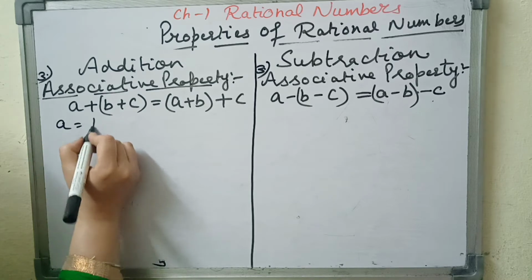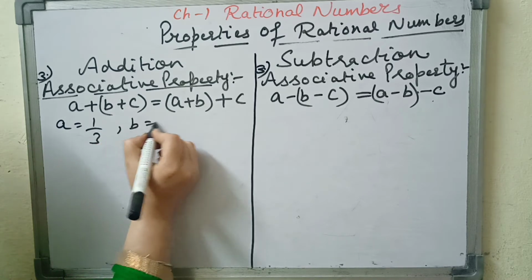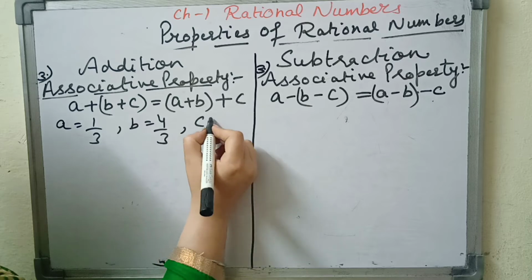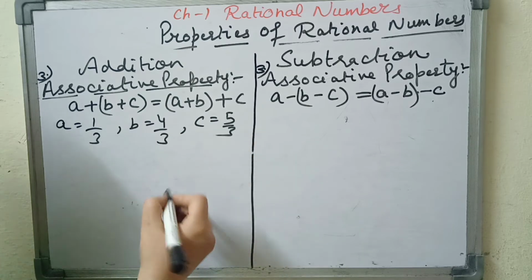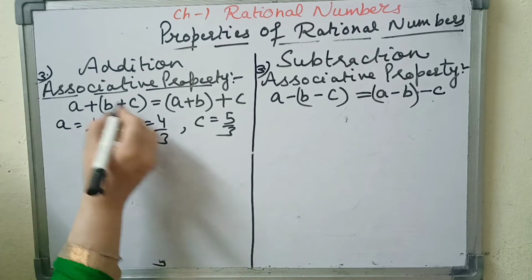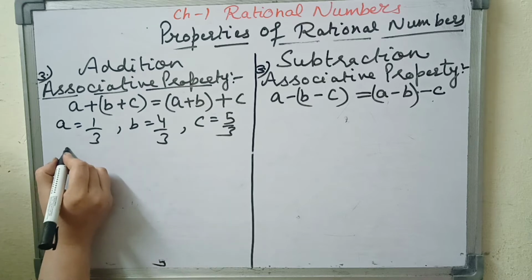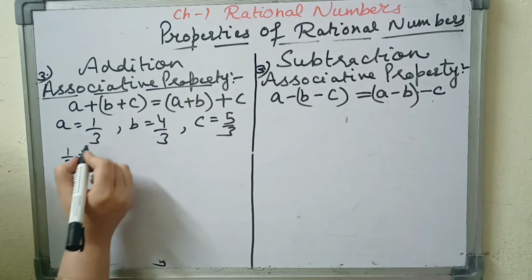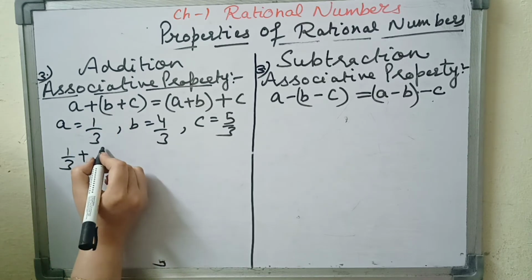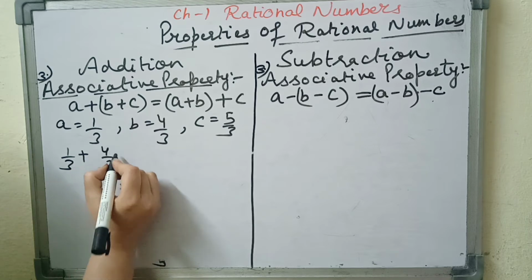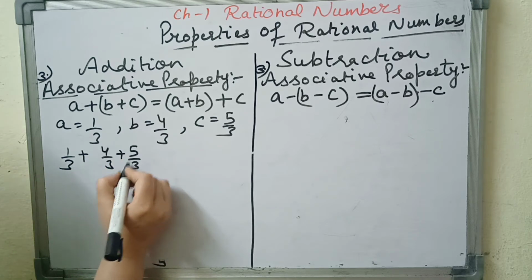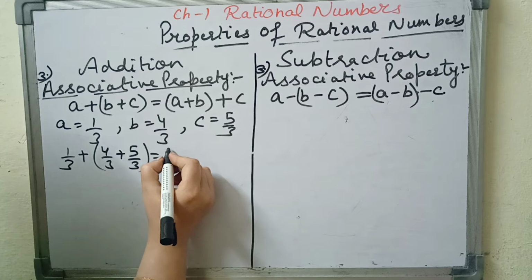Let us take A as 1 over 3, B as 4 over 3 and C as 5 over 3. You can take any example. Now put these values and I verify it. On the left hand side, A is 1 over 3, B is 4 over 3 and C is 5 over 3. Now putting the values, I will solve it.